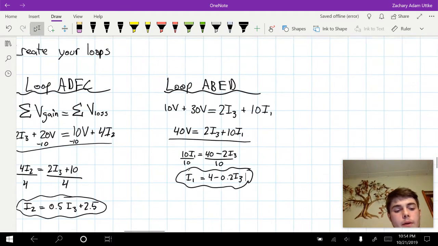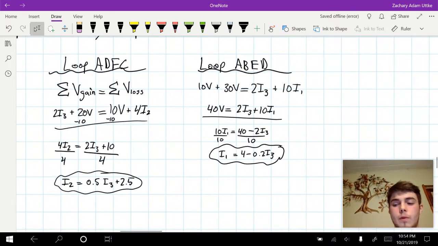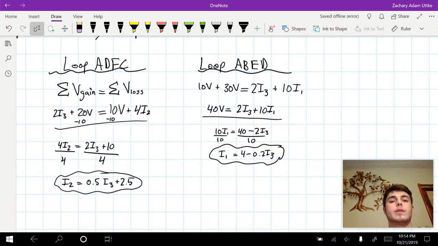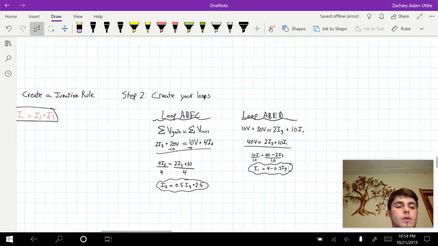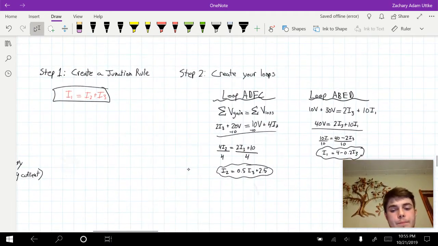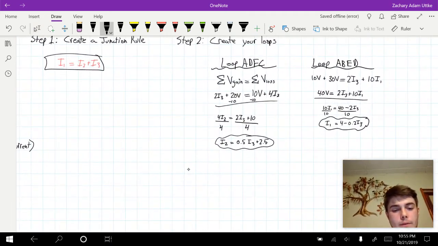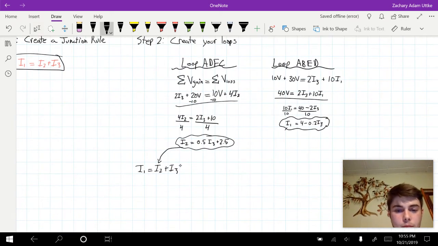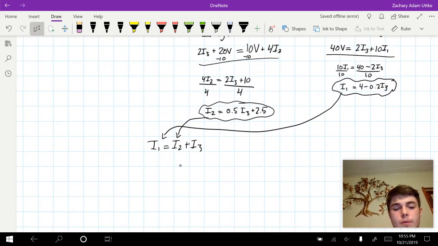So now that we have these two equations, we can relate them back to what we did in step 1, which was forming a junction rule. So if we have I1 equals I2 plus I3, we can just plug these in here. But let's first rearrange this a little bit.